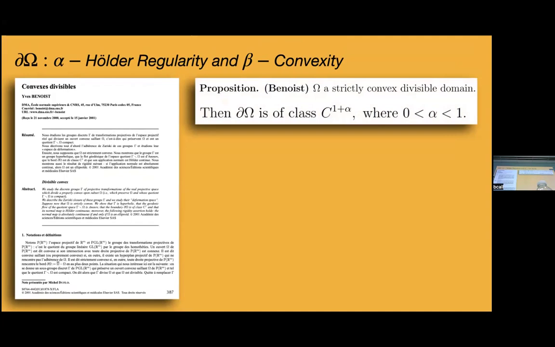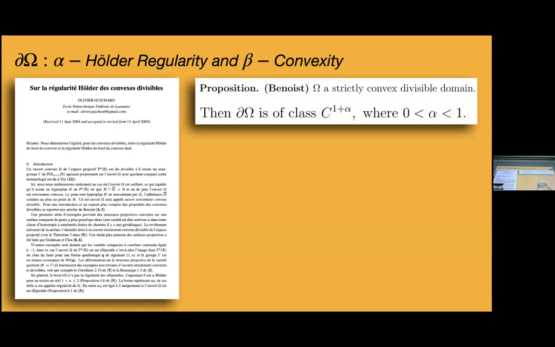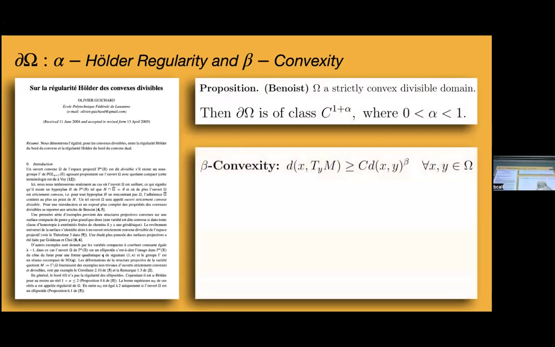So you get some alpha that's going to be between 0 and 1. And then Guichard comes along and introduces the notion of beta-convexity. That's this inequality, which is better represented by this picture here. It's saying that the dotted distance from x to the tangent plane down there is bounded below by that red segment to some power of beta. That's going to give us that you can fit a polynomial in beta below these curves, wherever you look.